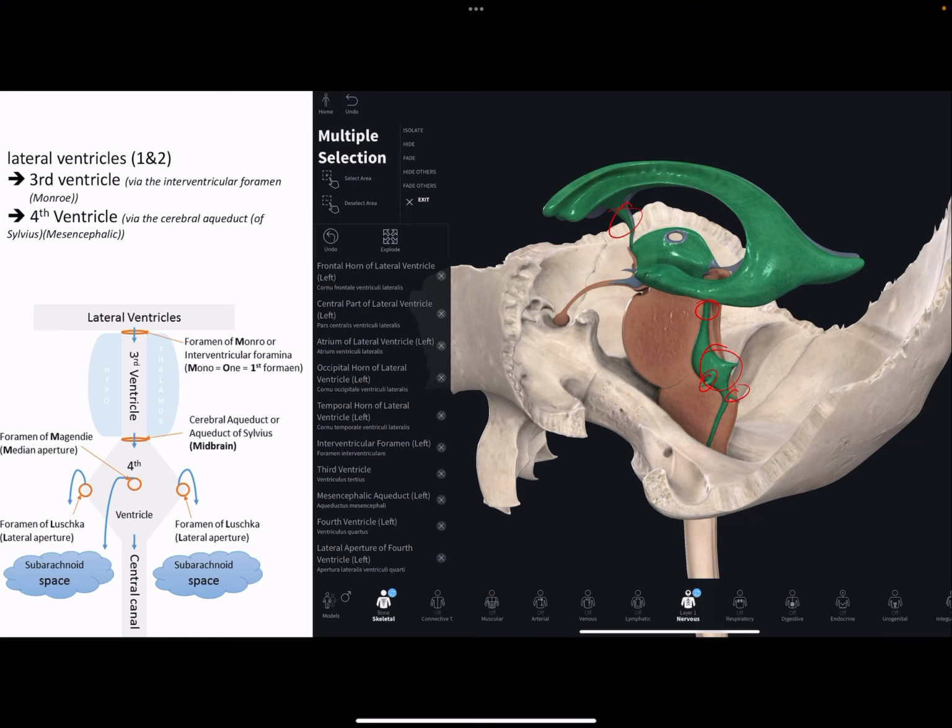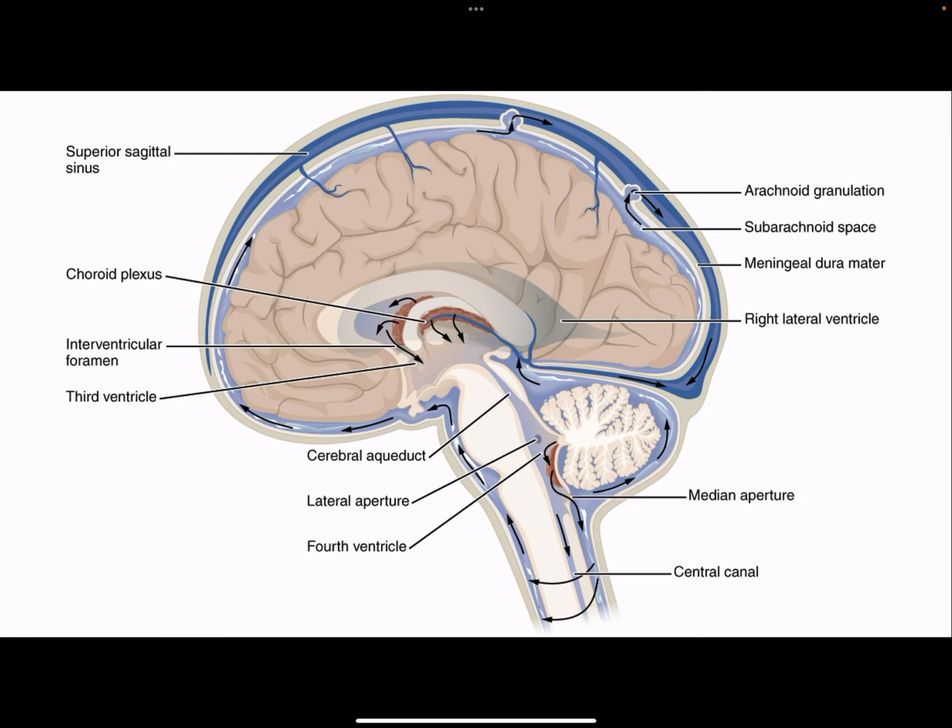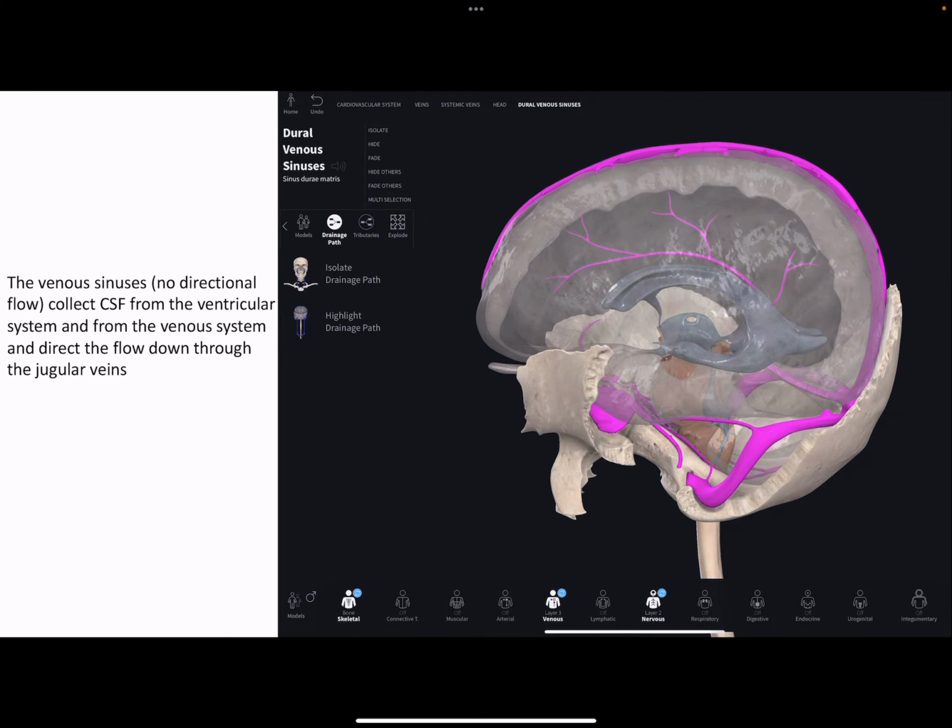Note that the lateral aperture is the Luschka, I think of L for L, and then the median aperture, median for Magendie. And where does all of this go? It's going to go to the subarachnoid layer and the cerebrospinal fluid, and it's ultimately then going to dump back into the venous sinuses. So this is just a great picture, kind of overlaying the flow of the cerebrospinal fluid.